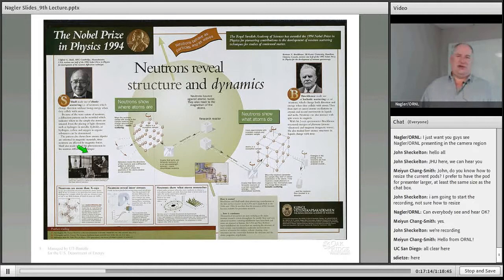Okay. I'm sure everybody here has probably seen this before, but it's always a nice image to look at. This is the poster produced by the Nobel Organization in 1994, when they honored the field of neutron scattering by giving the Nobel Prize jointly to Clifford Shull, who along with Ernie Wollan pioneered neutron diffraction here at Oak Ridge, and Bert Brockhouse, who at Chalk River in Canada pioneered inelastic scattering.